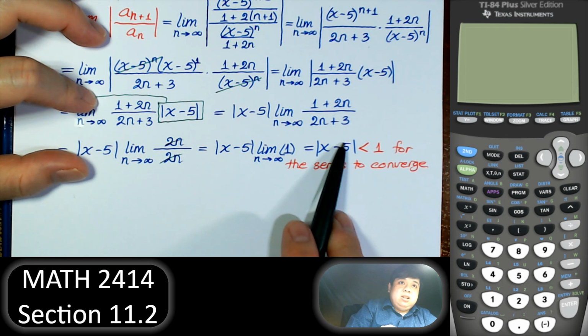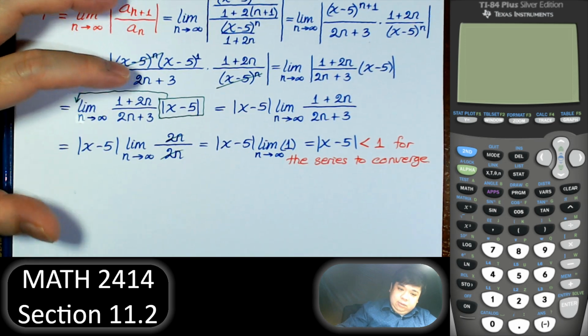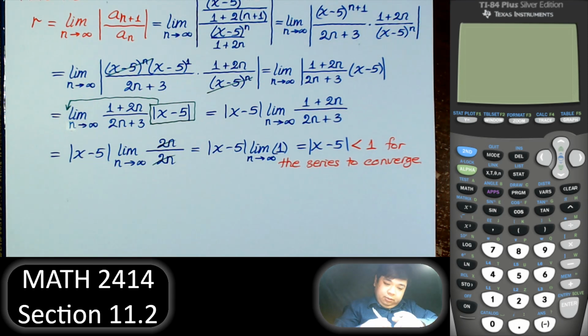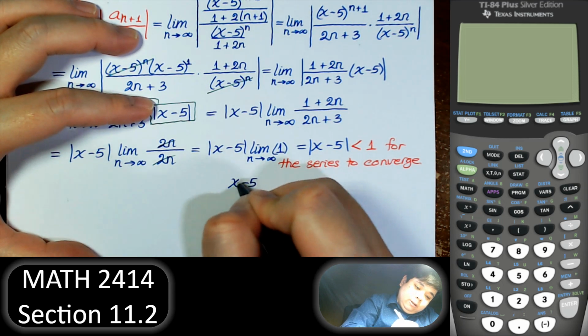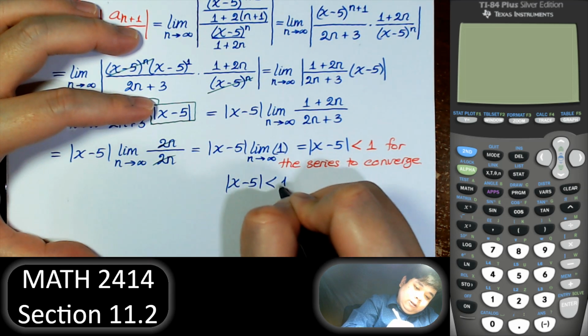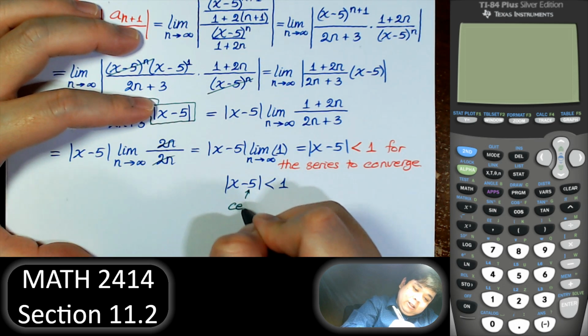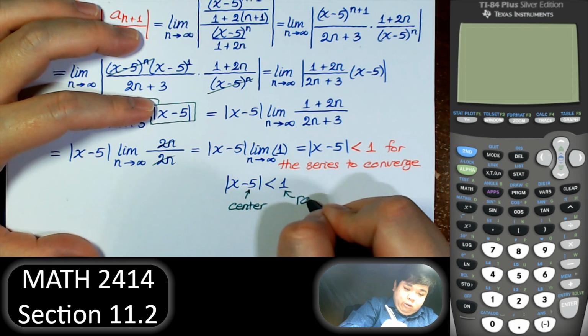The 5 is the center, and the 1 is the radius of convergence.